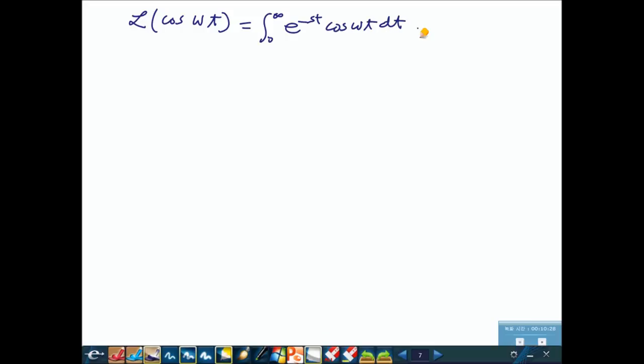Okay? And this is e to the minus st over minus s times cosine omega t from 0 to infinity, minus, this is integration by parts, okay, omega over s, integral from 0 to infinity of e to the minus st sine omega t dt.